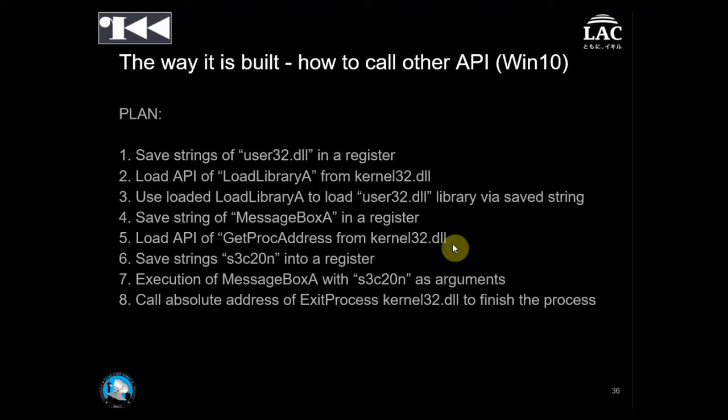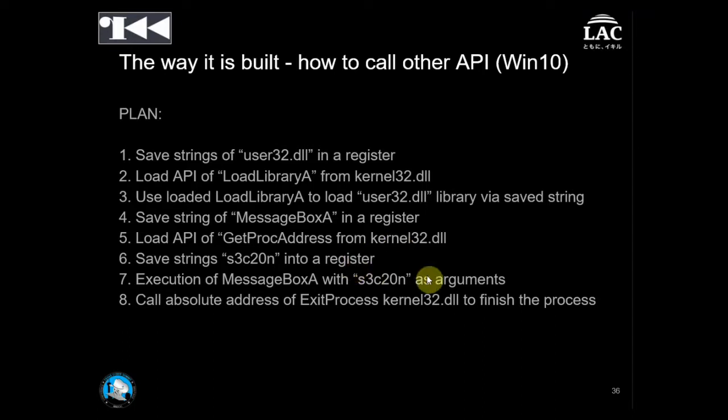And inside of kernel32.dll, there is the API LoadLibraryA, and then you can use LoadLibraryA to load user32.dll, and using that with manipulations of the registers, afterward you can invoke MessageBoxA with GetProcAddress, to get user32.dll's API MessageBoxA.